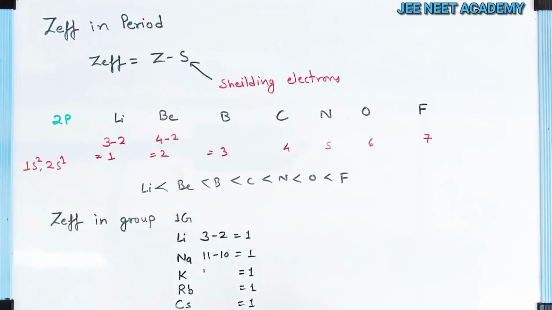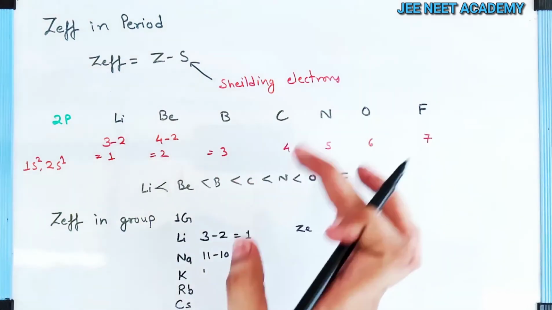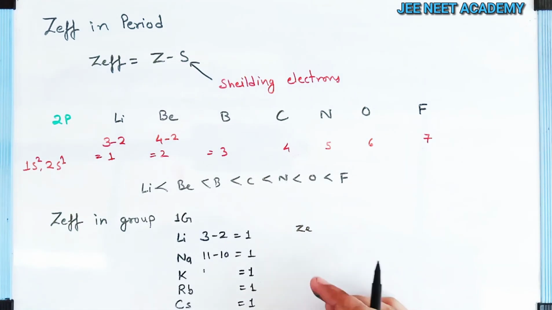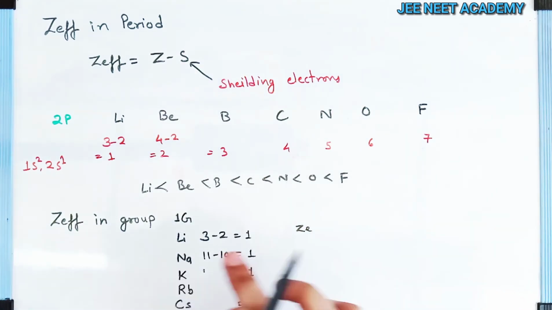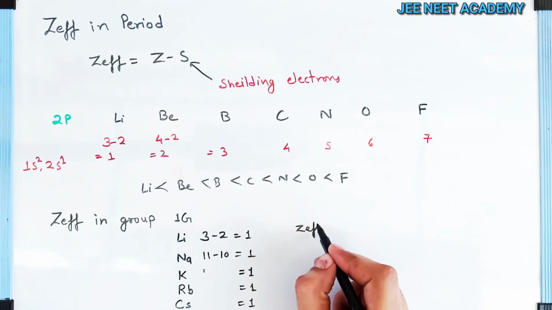So Z effective in a group is coming the same mathematically. But actually Z effective decreases, because the radius going down the group is increasing.